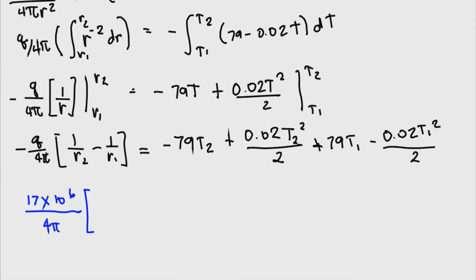So, if we have a negative sign there, then mabaliktad to pag na-distribute. So, we have here 1 over r sub 1. And remember, r sub 1 is 4.85 meters. And then we have minus 1 over, so remember, this is 5 meters. So, that is equal to negative 79. And our T2 is the one that we're looking for. Okay?